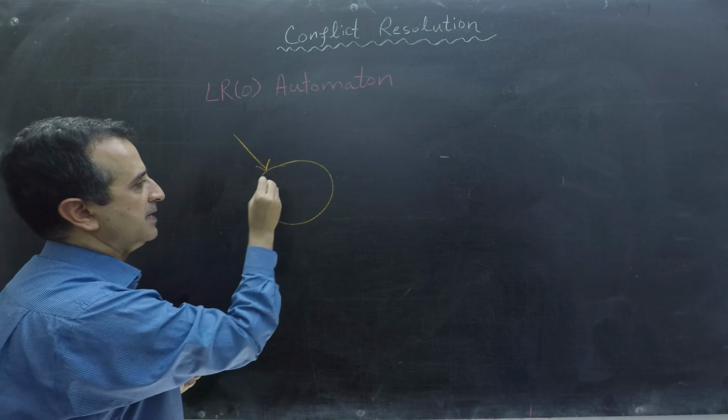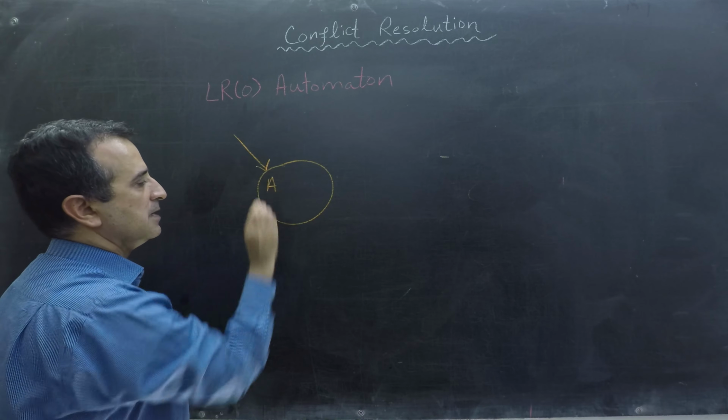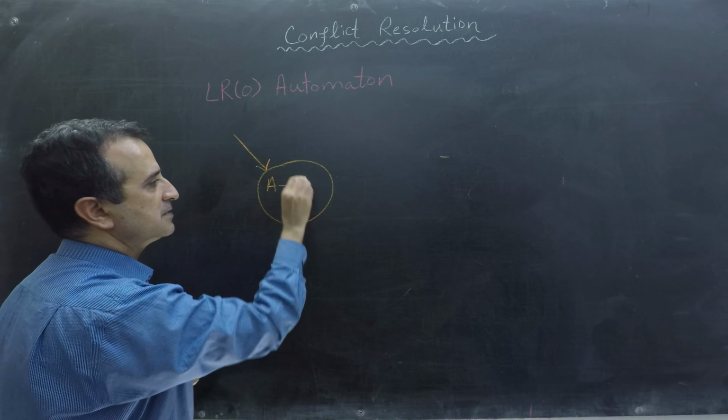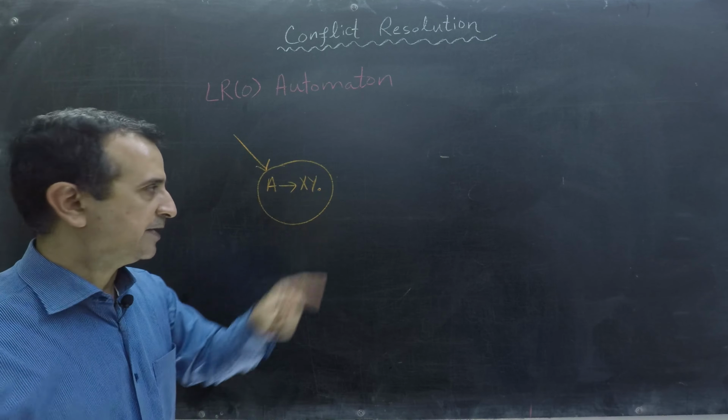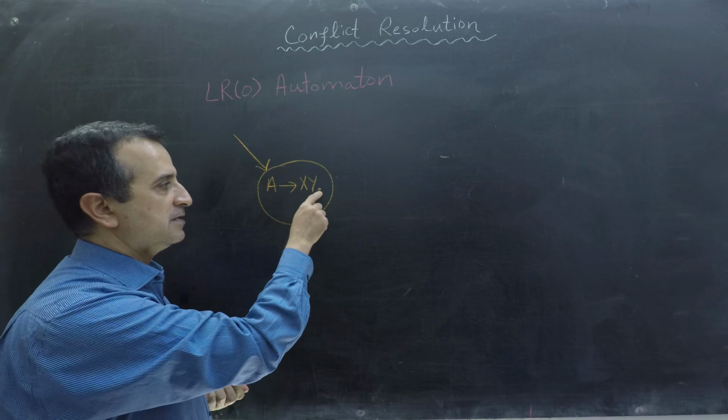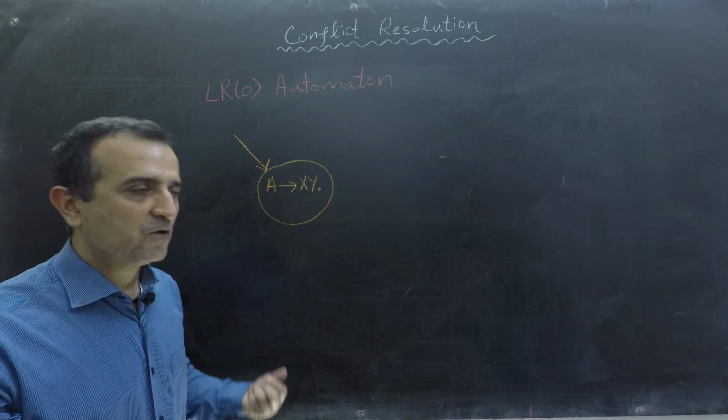For example, it has a statement A goes to X Y dot. A reduce statement is a production where this dot is at the end of the production.